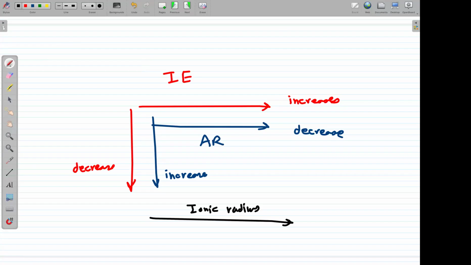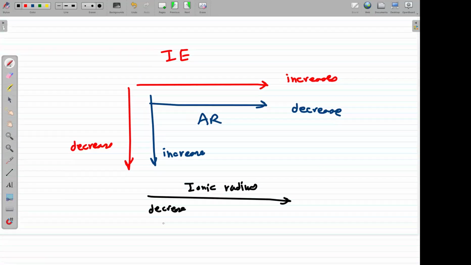Ionic radius is crazy because at the beginning it decreases in metals, then increases in non-metals. So I can say that the general trend is almost opposite again of the atomic radius, but I cannot say fully because at the beginning it decreases here.